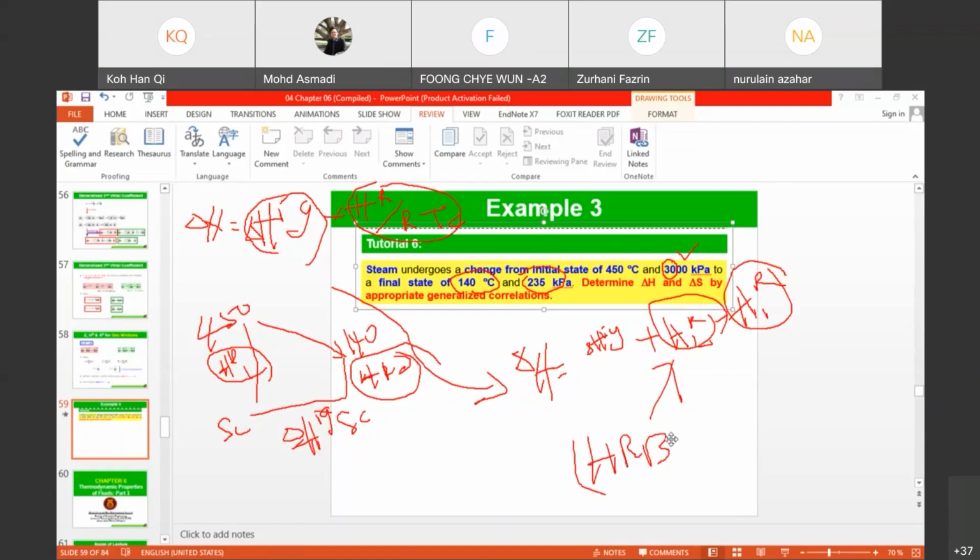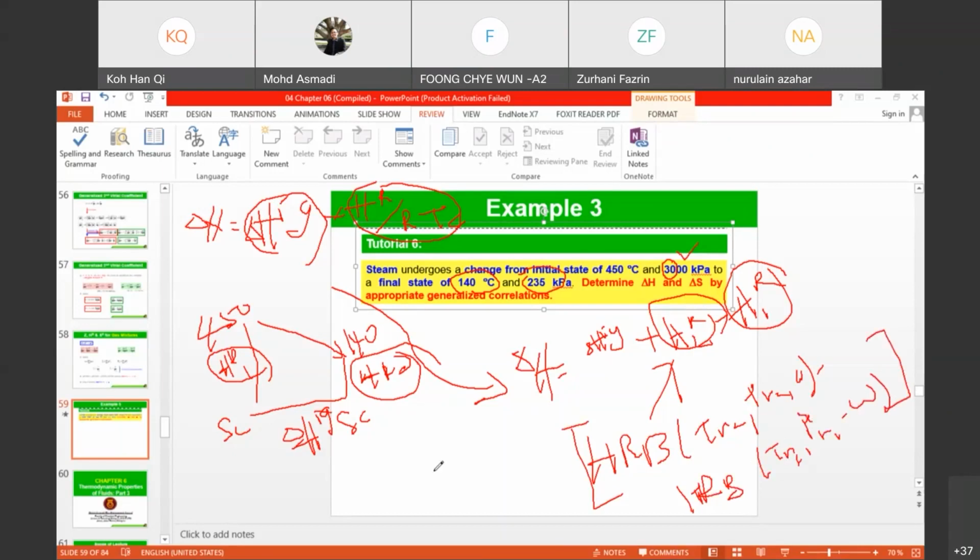HRB at TR2, PR2 and omega, minus HRB at TR1, PR1 and omega, over RTC.